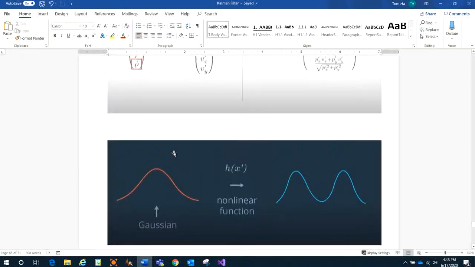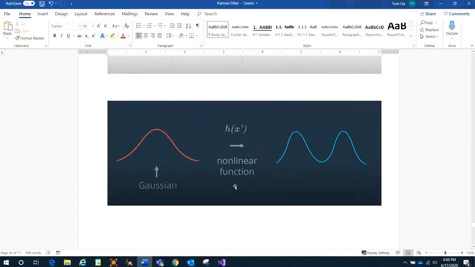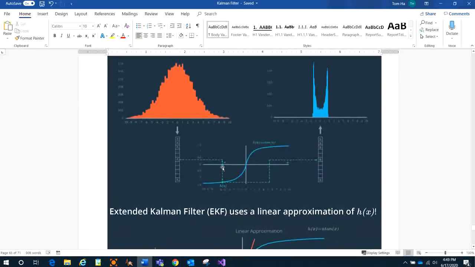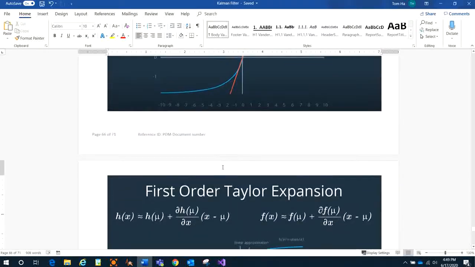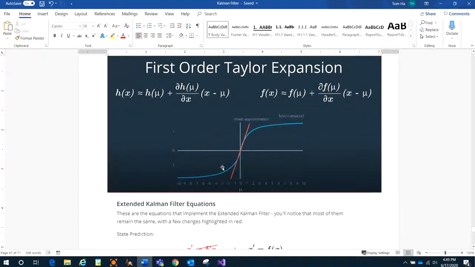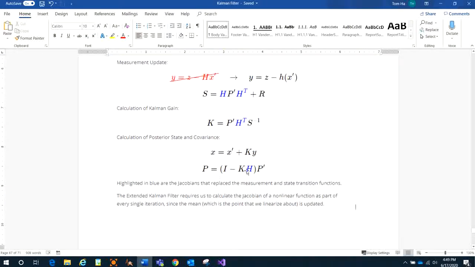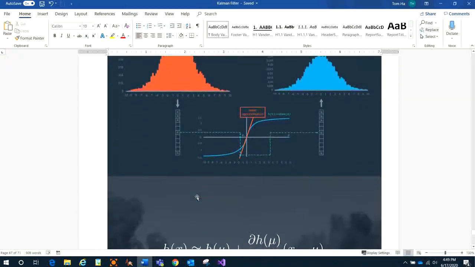For the measurement function, if it's nonlinear, you have to apply the extended Kalman filter. And how do we apply it? We use the first-order Taylor series, and after that we use the Jacobian to get the measurement matrix here, right?